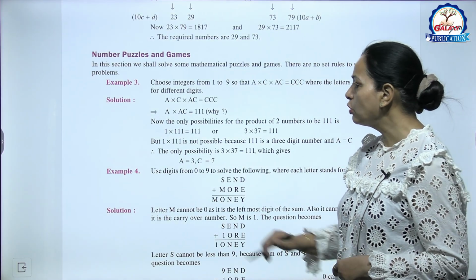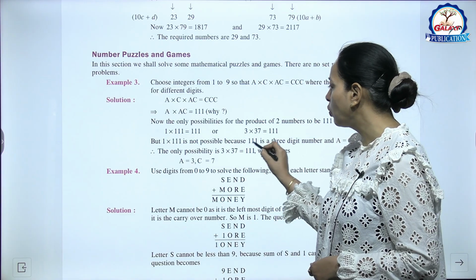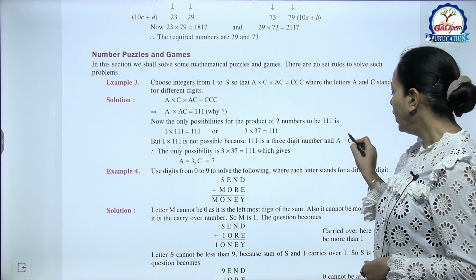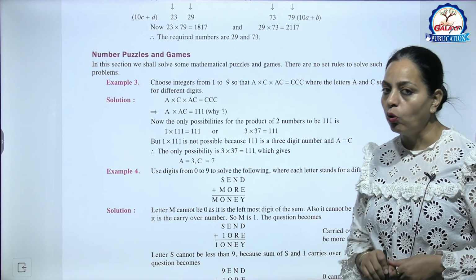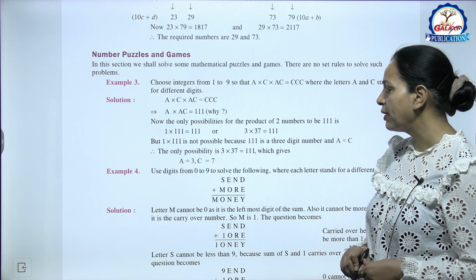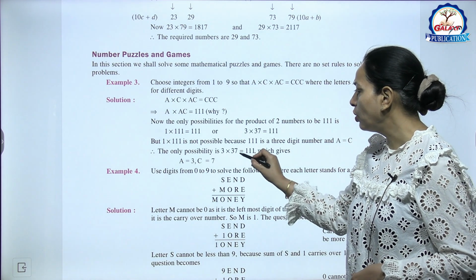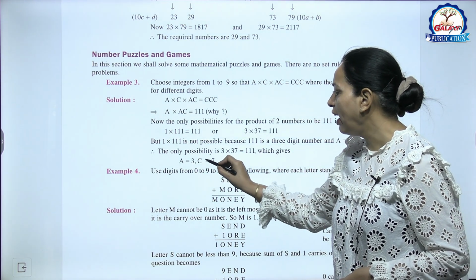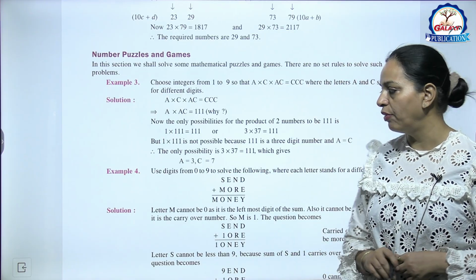But 1 into 111 is not possible because 111 is a 3-digit number, okay. So a is not equal to c, so the only possibility is 3 into 37, यानी हमारे पास क्या आ जाएगा? 3 into 37 equals 111, which gives a is 3 and c is 7, right?